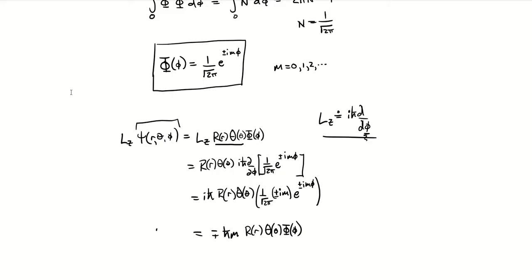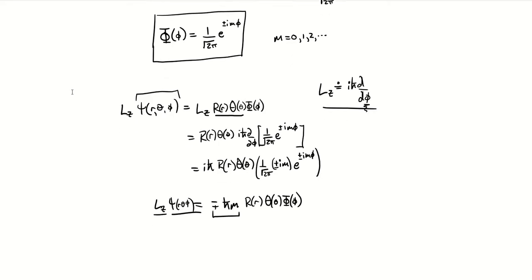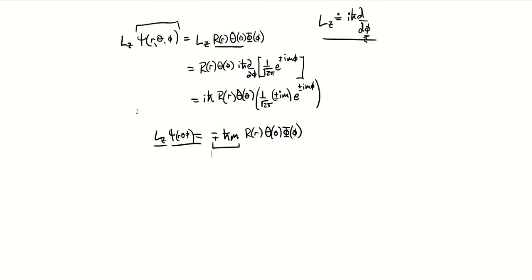So we've just derived what the eigenvalues of that LZ operator are. If we operate LZ on our wave function, we get the eigenvalues plus or minus h bar m, which was the eigenvalue equation we've sort of assumed or been using for a while now, where if we have some LZ operator acting on some eigenstate that's characterized by this quantum number m, we just get m h bar times that m, which is our eigenvalue equation.